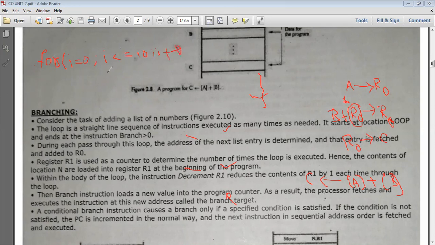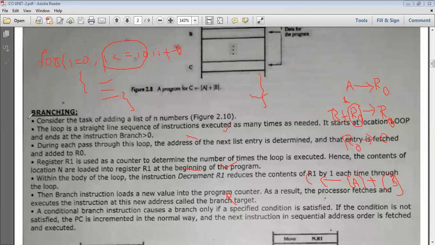In this for loop, we have some instructions. So how can this be executed? These loop instructions will be executed until this condition is satisfied. Up to satisfying this condition, this loop of instructions will be executed repeatedly.